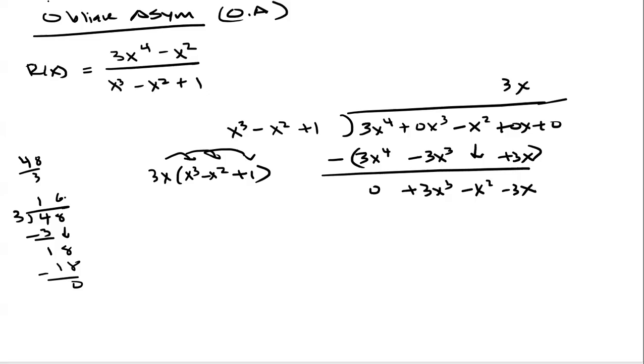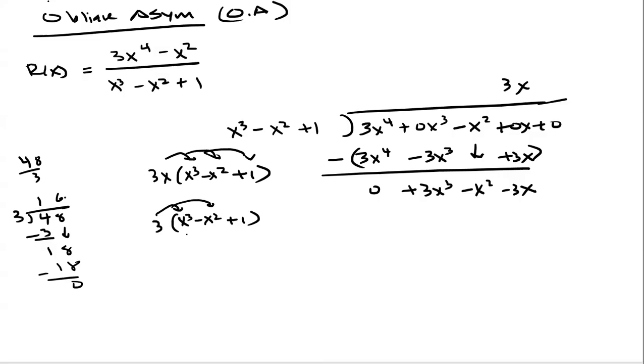Okay, so now, again, we have 3x up here. So now we need to focus our efforts on the 3x cubed. So again, I write down x cubed minus x squared plus 1. And I want to match the 3x cubed with the x cubed here. So that means I need to multiply it by 3. Okay, so 3 here.